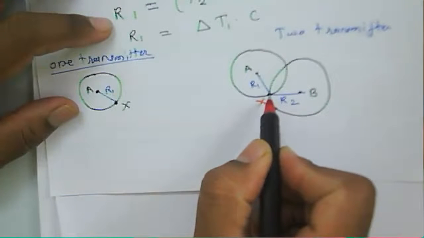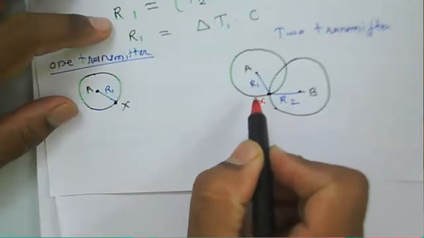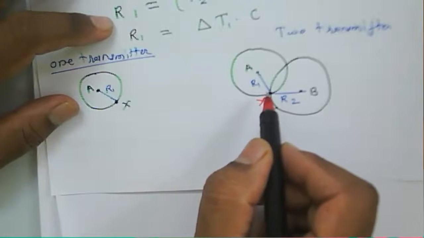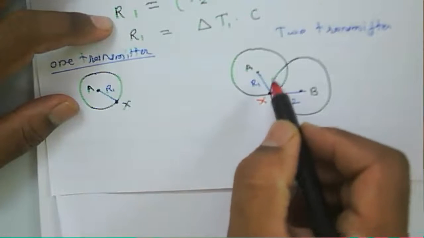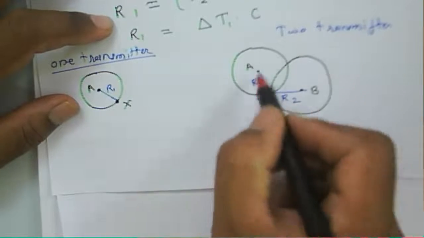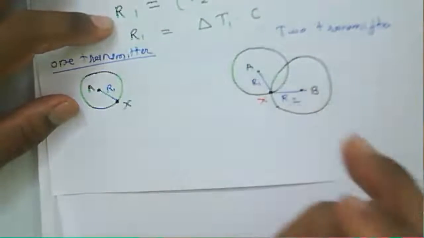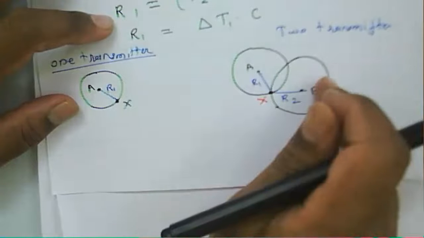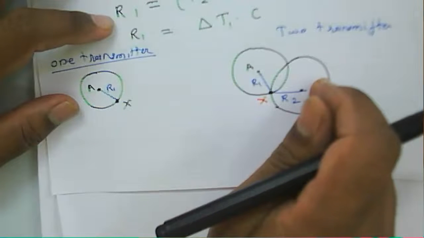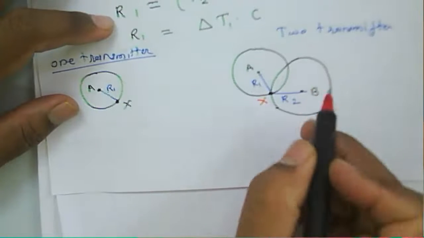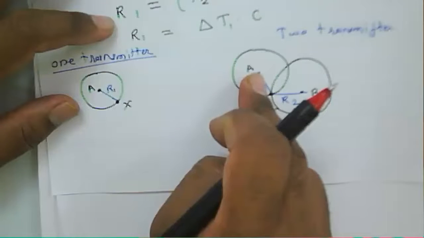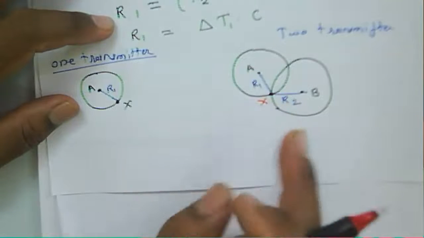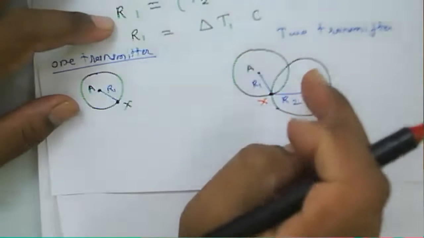So we can find X: the location of the receiver on this map is nothing but the intersection of these two circles. The two circles intersect at this particular point.